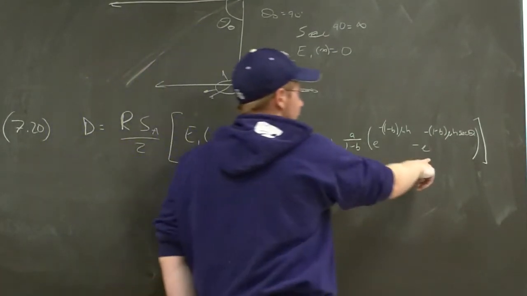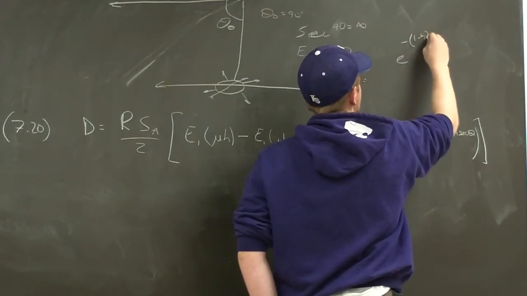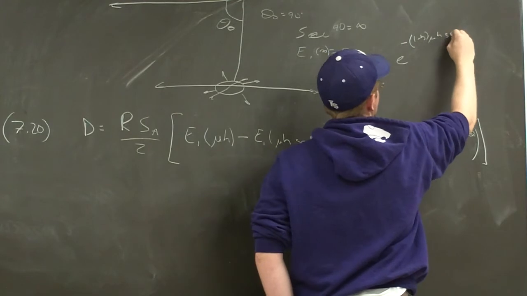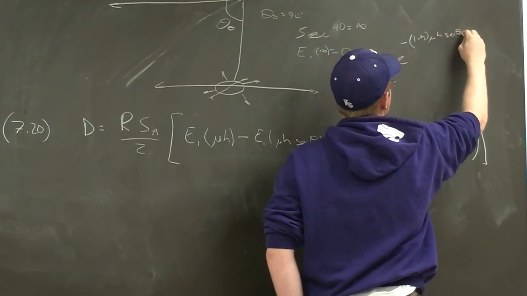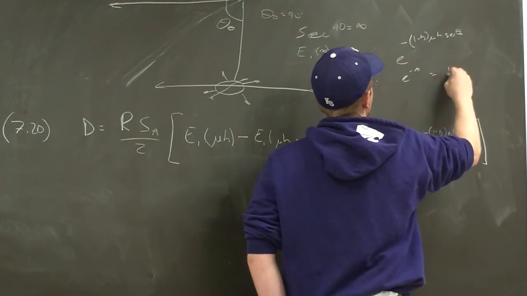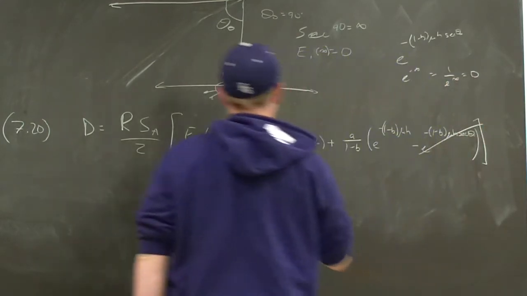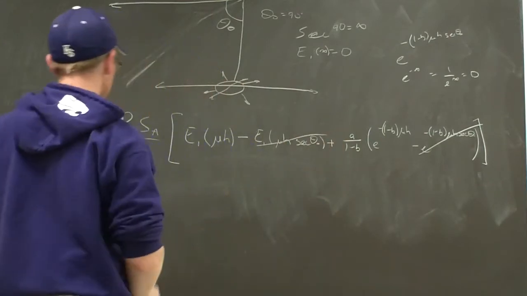And this value, e to the negative (1 minus b) mu h secant theta naught, becomes e to the negative infinity, which is 1 over e to the infinity, which is 0. So this goes away, this goes away.